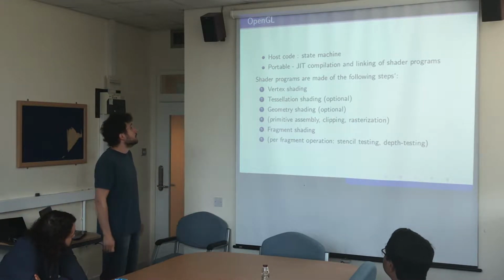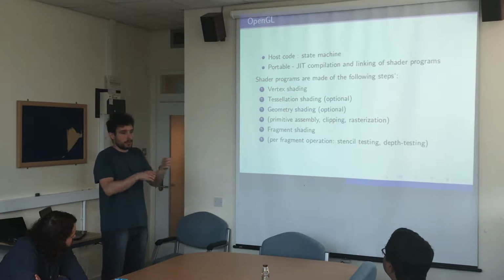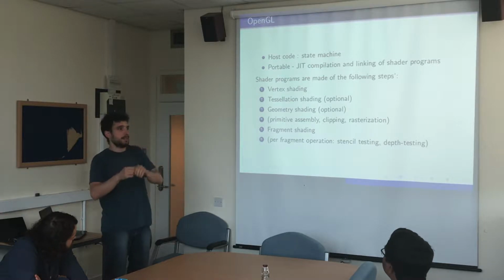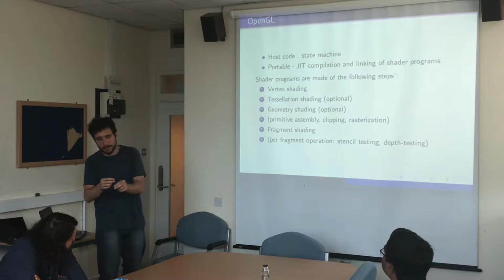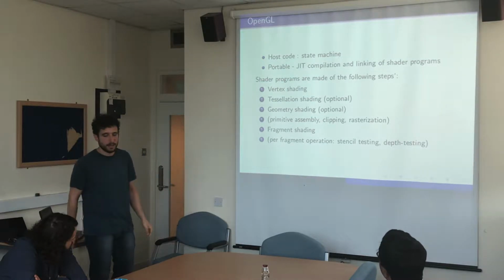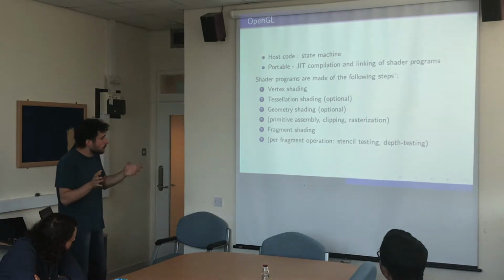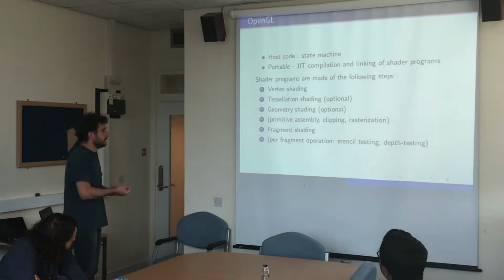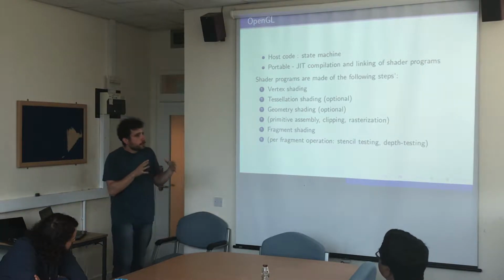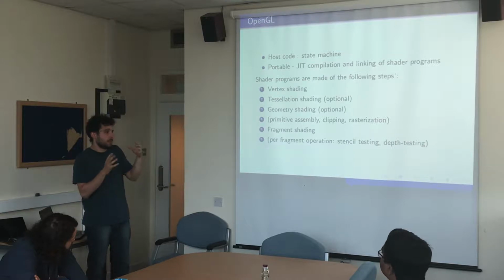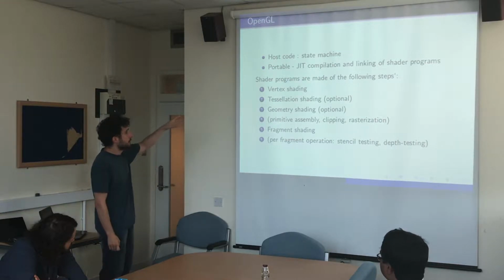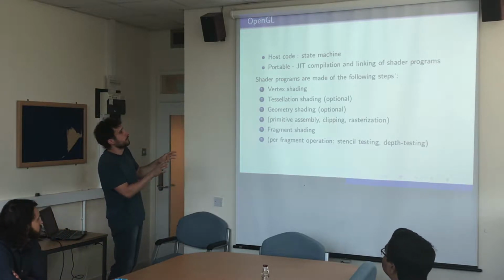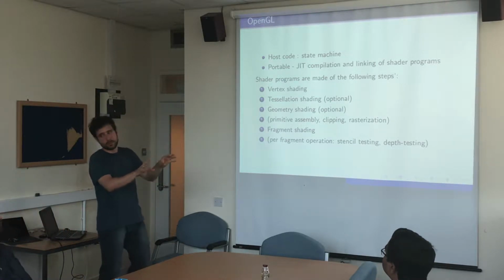Yeah, so there's a host code, which is basically a state machine where you choose which program you want to act on, which buffer you want to act on, and then you do some operation, then you change the buffer you're acting on, and then you call some other operation. We will see that. And I think that the GPU part, which is the interesting part for us, is made basically of programs which are called shader programs.